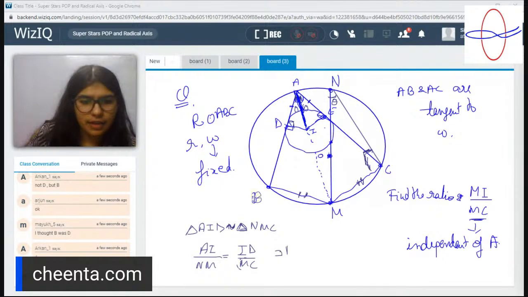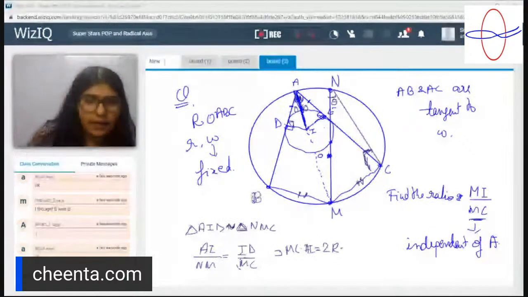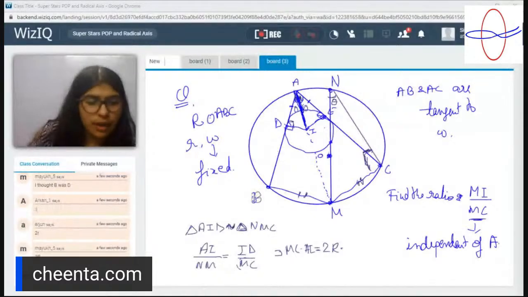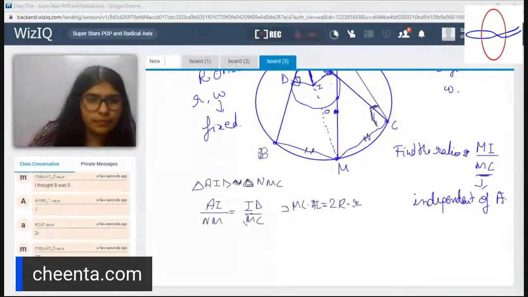It's actually MC into AI equals NM, the diameter, right? And the diameter is of length 2R, and ID is R. So this will become MC into AI, so 2Rr.